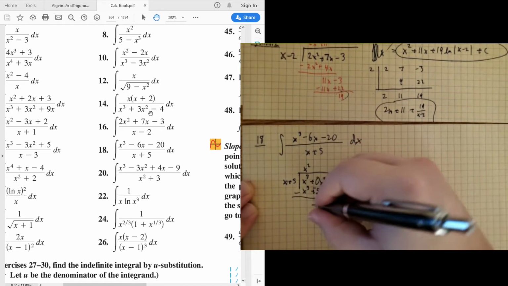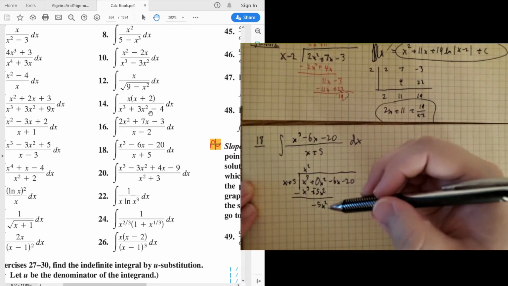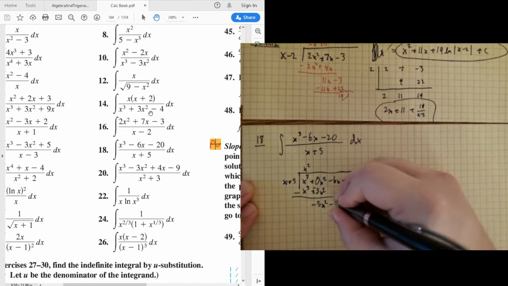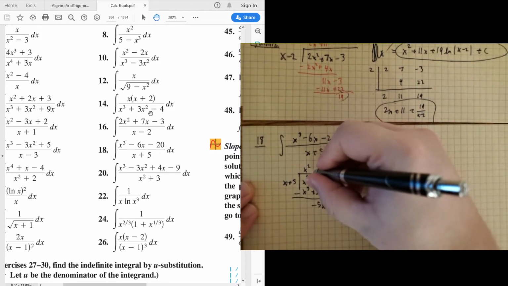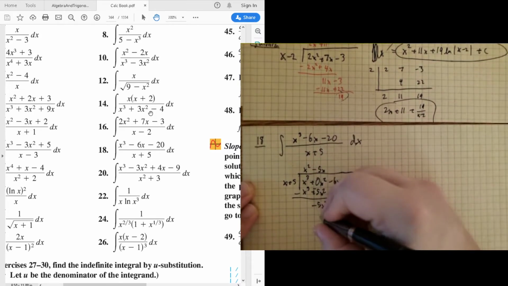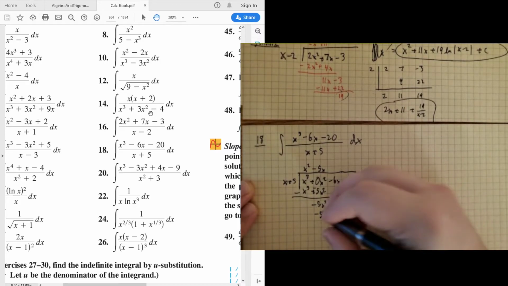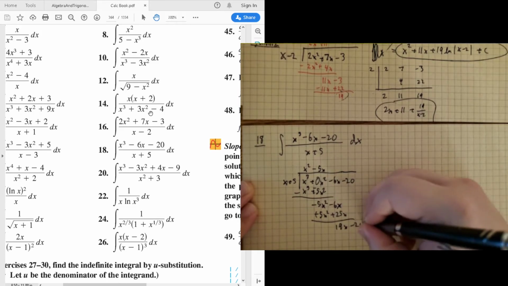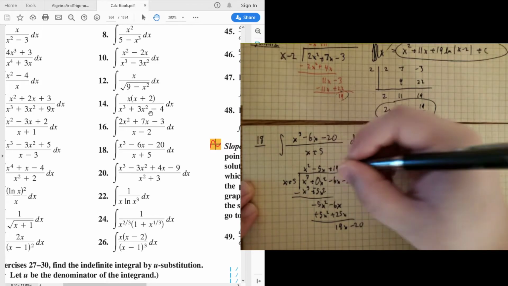Doing your basic long division. If you don't remember how to do long division, you just look it up. Or you might go and see if there's any videos online that could help. And there's also some examples in the text. So then we do minus 5x. So minus 5x squared minus 25x. Flip the signs. This becomes 19x minus 20. And then to get these to match, I do plus 19.